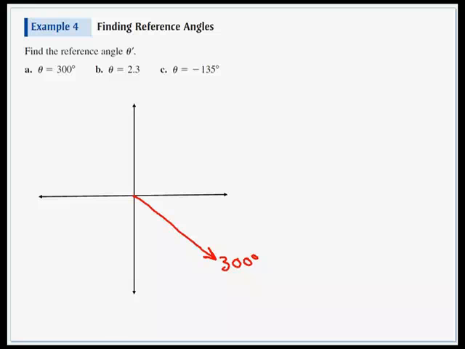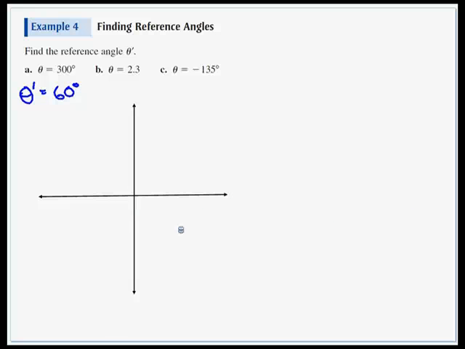Our reference angle is the shortest route back to the x-axis, and anywhere in the 4th quadrant, that'll take us back to the positive x-axis. Well, a full lap is 360. We've used up 300 degrees opening our angle, so the difference is 60. So for part A, our reference angle theta prime would be equal to 60 degrees.